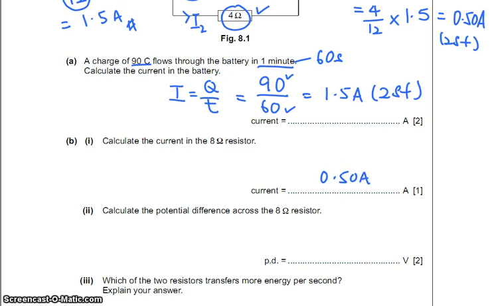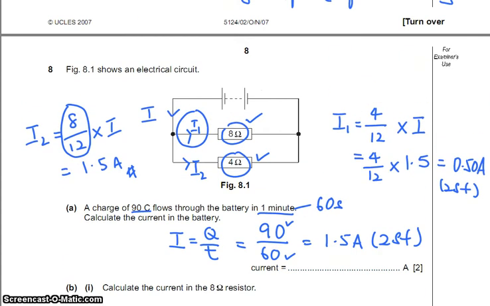Now let's go on to the next part. You are supposed to find the potential difference across the 8 ohm resistors. Okay, so let's come back to here. Now potential difference across 8 ohm resistors. So in this case, you have to ask yourself, do you know R? Yes, you know R. Do you know I?